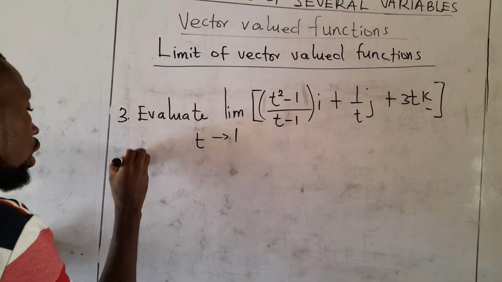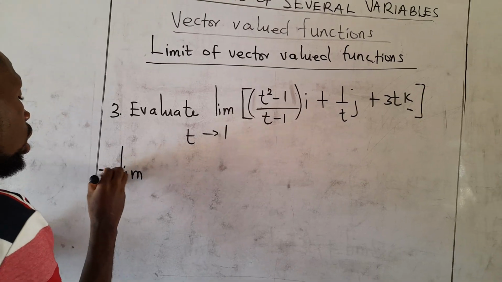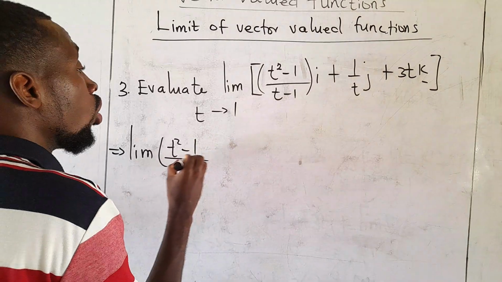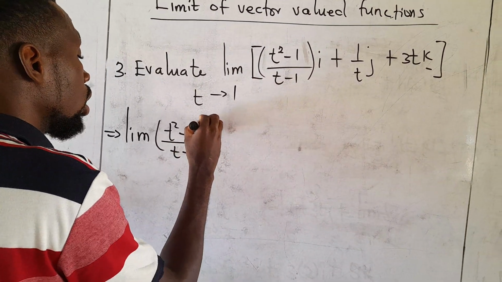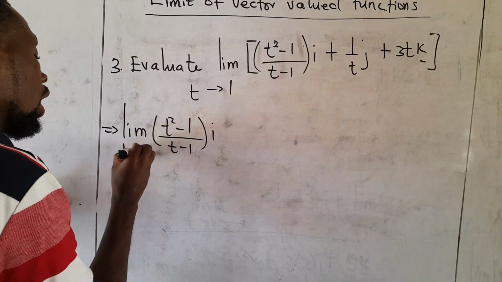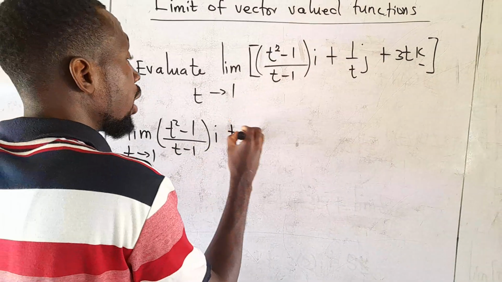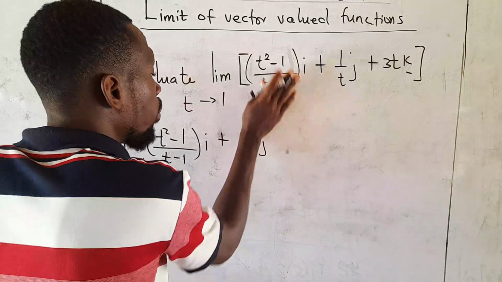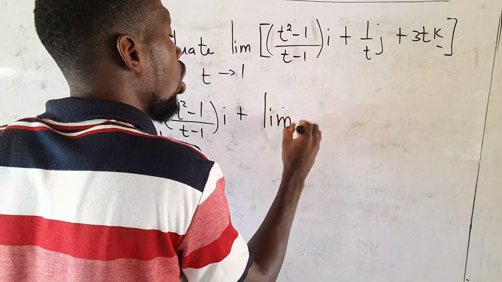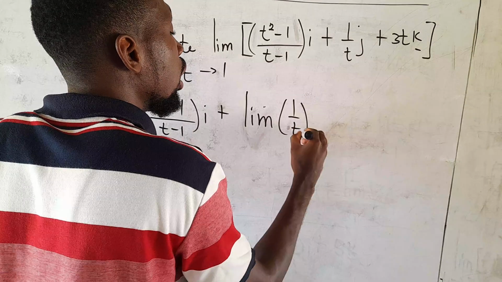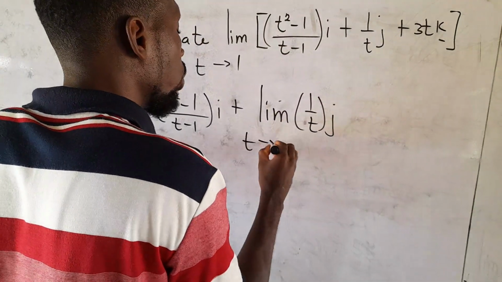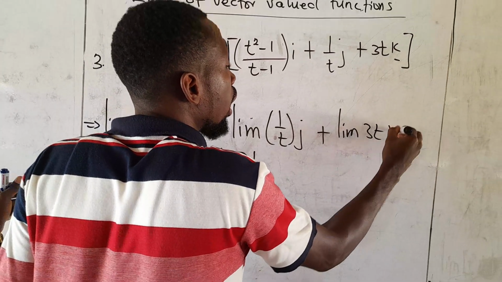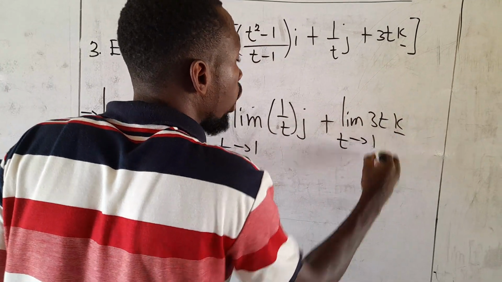We can say that will be the limit of t squared minus 1 over t minus 1 in the direction of i as t approaches 1, plus the limit of 1 over t in the direction of j as t approaches 1, plus the limit of 3t in the direction of k as t approaches 1.